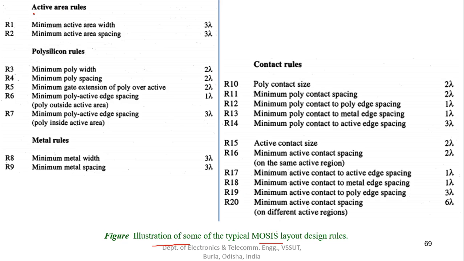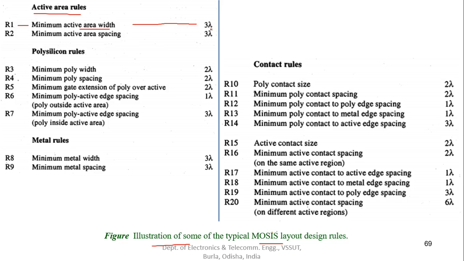So the active area rules, let's say, is called R1. What does R1 specify? R1 is the minimum active area width, the minimum width of the active area. Active area is the area where the diffusion is done, and in that area the transistor will be formed. This R1 should be at least 3 lambda.